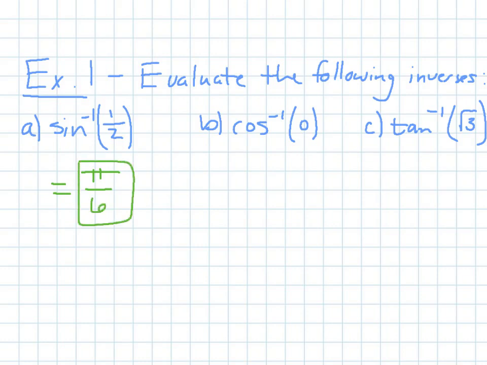Okay. Here, most of the stuff is just using your unit circle knowledge. If it's giving you something in radians, more than likely it'll be asking you for something that you can do using the unit circle, so there's not much work to show. Cosine of 0 is at 0.